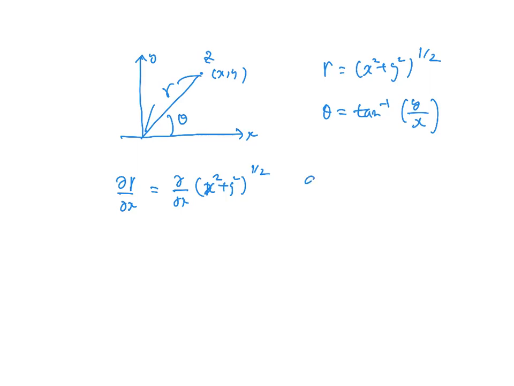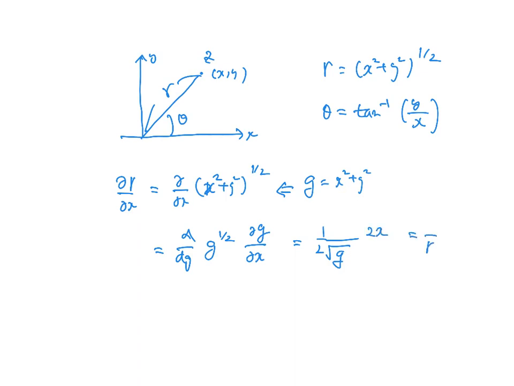So you can set g as x squared plus y squared. Then you can put dz over dg times partial g over partial x. So that is 1/2 square root of g and 2x, right?